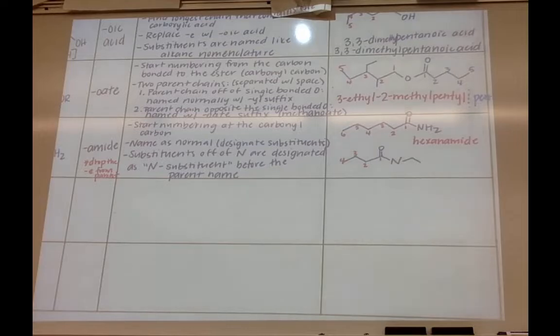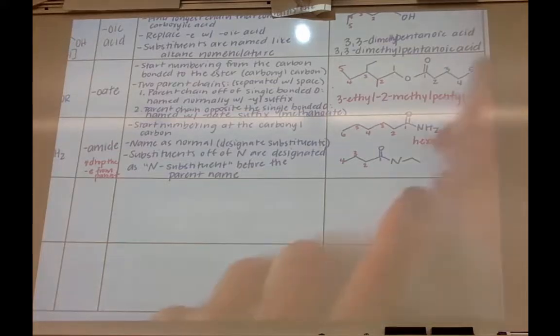For carbons all single bonded together would be what? Butane. You just drop the E and add amide. It would be butanamide. So the parent name would be butanamide.